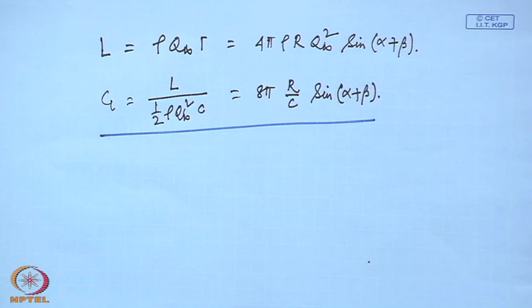Now, let us find the velocity at any other point. What should be the velocity? Now that we have circulation known, what will be the velocity at any point on the surface of the circle, then on the surface of the airfoil.